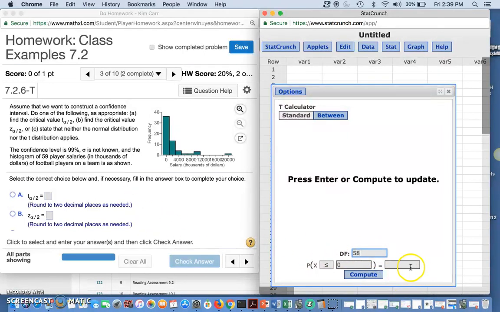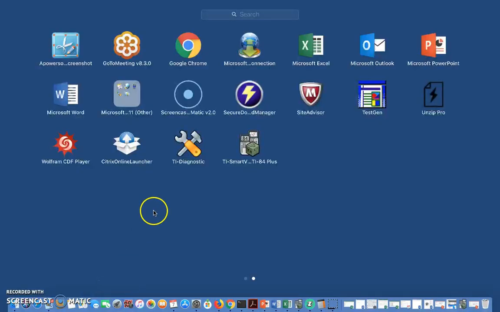Okay, now we need to figure out what alpha over 2 is. Well, if the confidence level is 99%, let's pull up the little calculator.